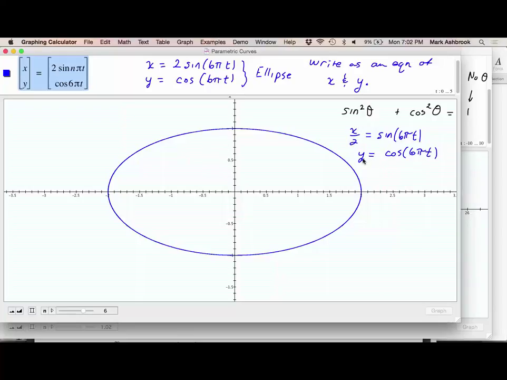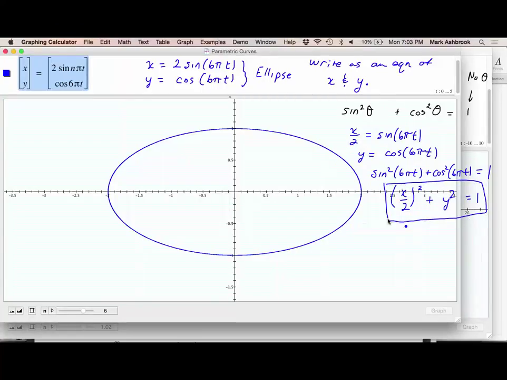What is cosine squared? y squared. So basically we're doing sine squared 6 pi t plus cosine squared 6 pi t, and we know that equals 1. But what is sine squared of 6 pi t? x over 2 squared. And what's cosine squared? y squared. Therefore that equals 1 too, and our t is gone. Got it.